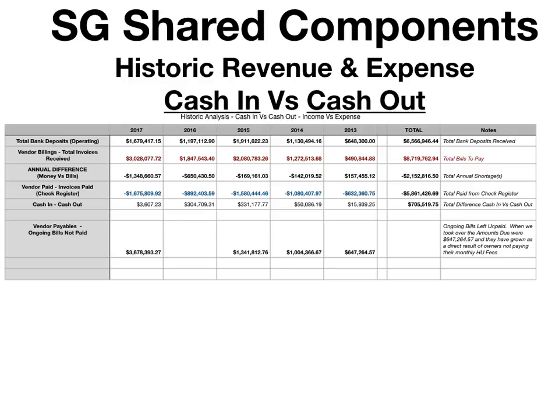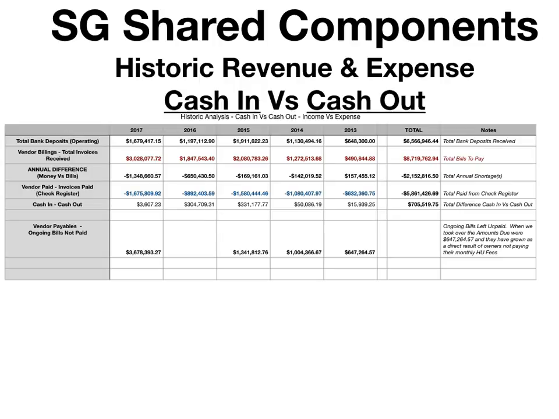Now, I included a column here. It's called vendors paid. These were the invoices paid. And this basically came from the check register. So let's take a look at this chart and go down. You see on 2017, the total amount of money received was $1,679,417.